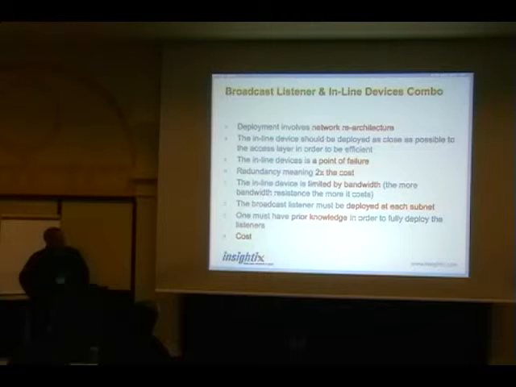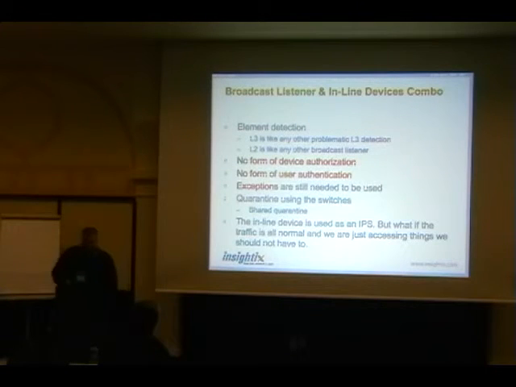The problem is that you need to completely re-architect your network. The inline devices are a point of failure. If you want to have redundancy, it's 2x the cost. And again, you don't get to identify the device. Not only is the device not identified, you can actually bypass the local listener. This particular solution does not even provide device authorization and does not provide user authentication.